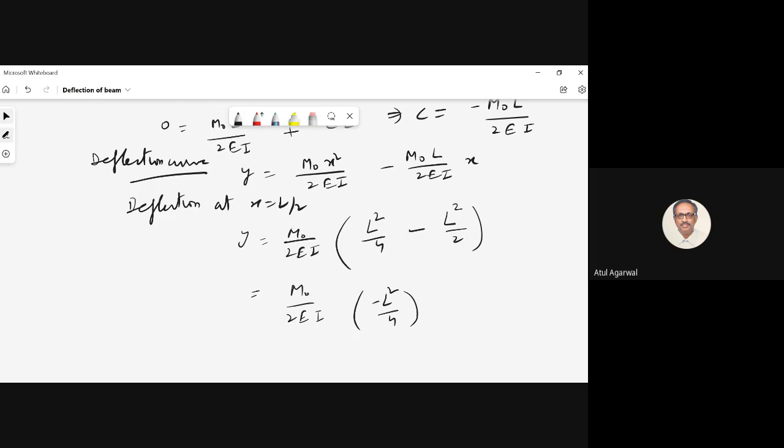If you just take 1 by 4 minus 1 by 2, what do you get? Minus L square by 4. So your answer becomes minus M naught L square by 8EI.